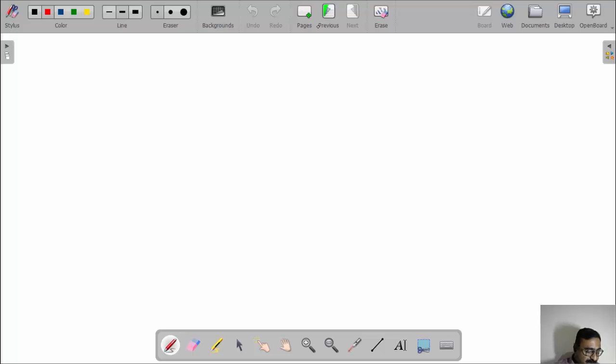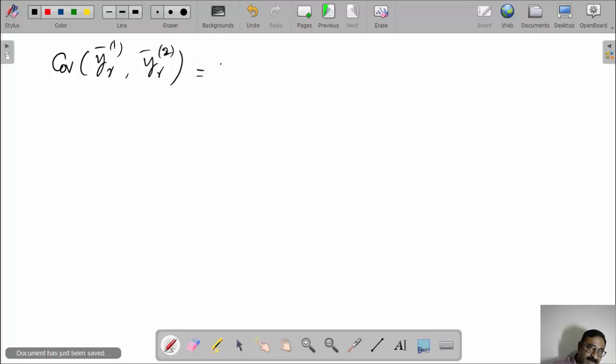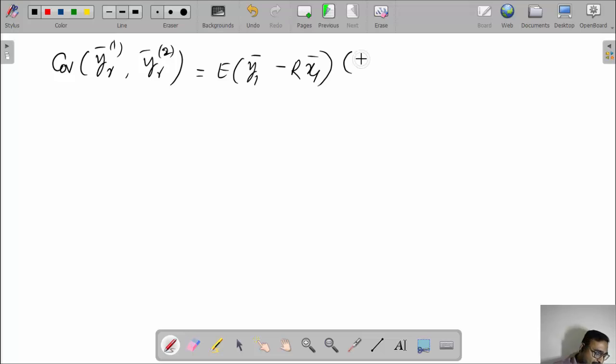So now for other covariance terms, covariance of yr bar 1, yr bar 2, that is equal to expectation of y1 bar minus r x1 bar into y2 bar minus r x2 bar.